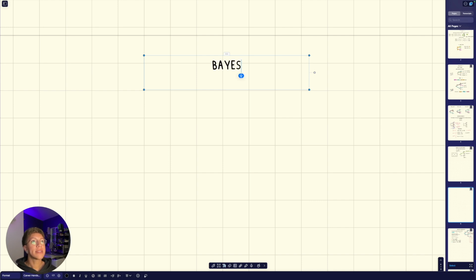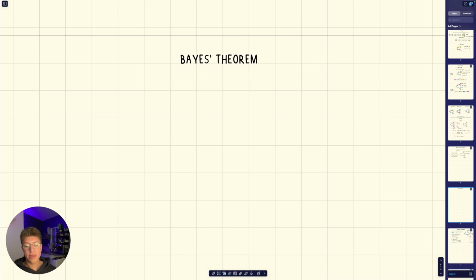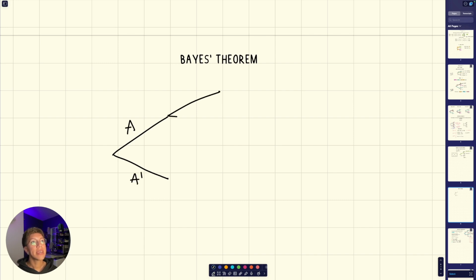So Bayes' theorem. Let's say we have a tree diagram and it's oriented with A first and B second. Again, these are conditional probabilities.